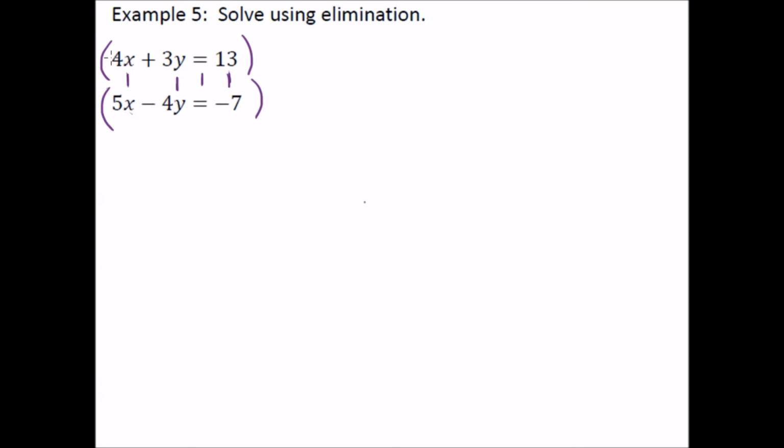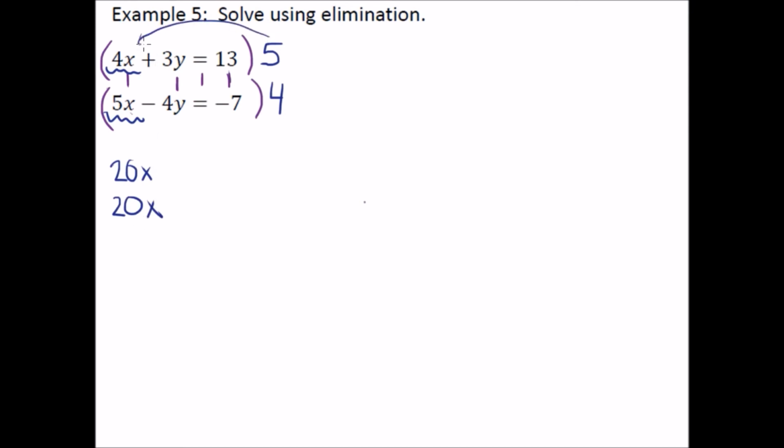I'm going to show you the easiest way to do this. See this 4x and see this 5x? We're going to multiply the first equation by 5 and the second equation by 4, and therefore both of them are going to have 20x as the leading number.